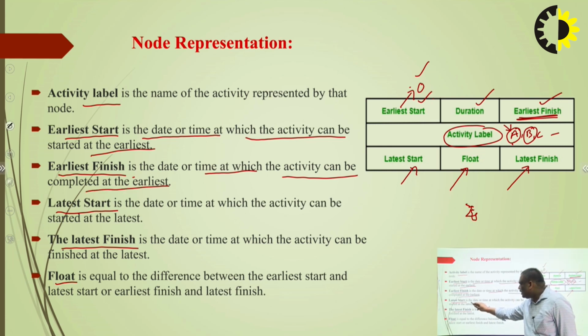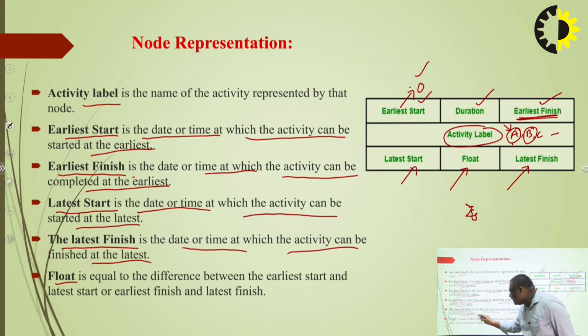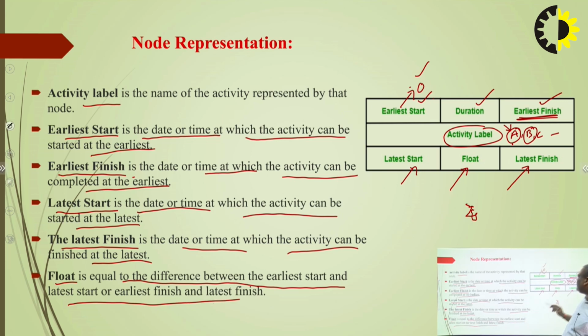Latest start is the time at which the activity can be started at the latest, and the latest finish is the time at which the activity can be finished at the latest. And the float is equal to the difference between the earliest start and the latest start.